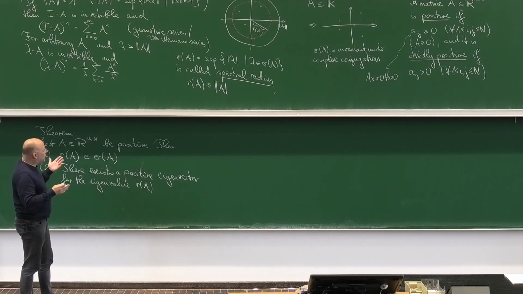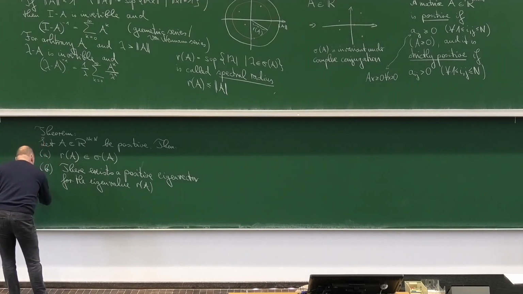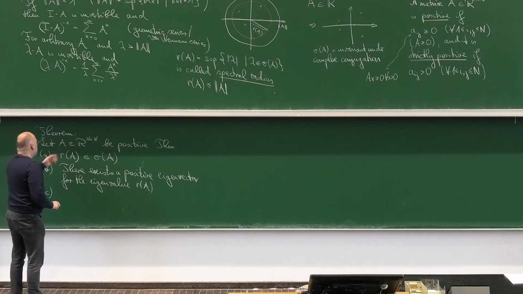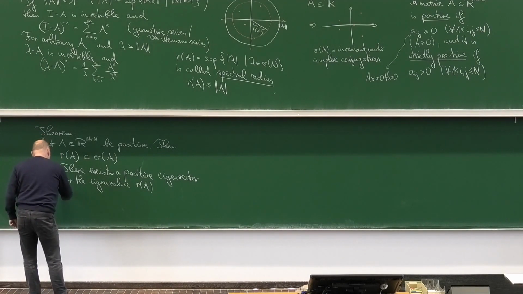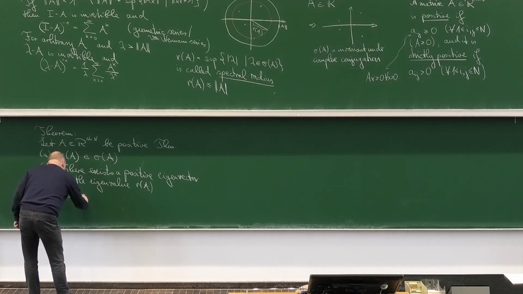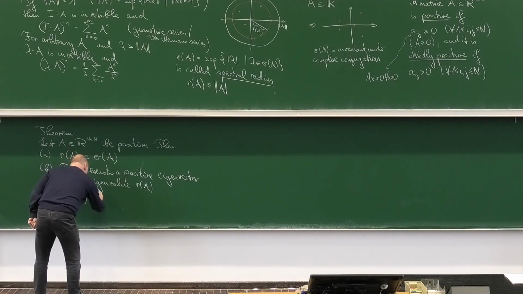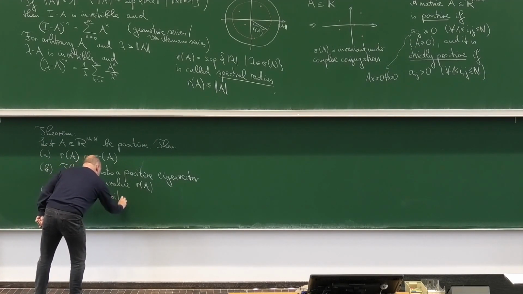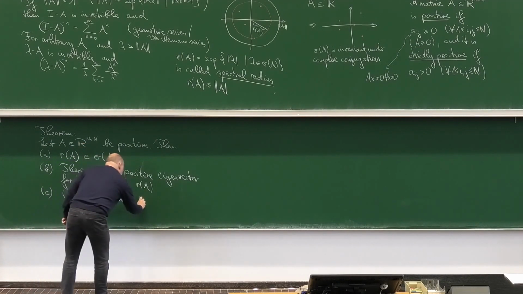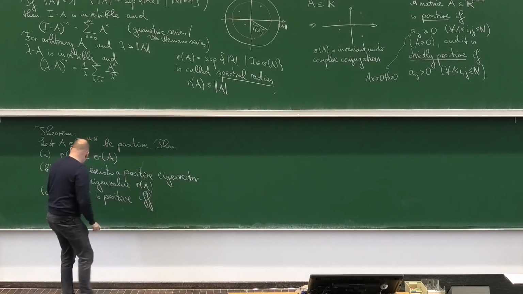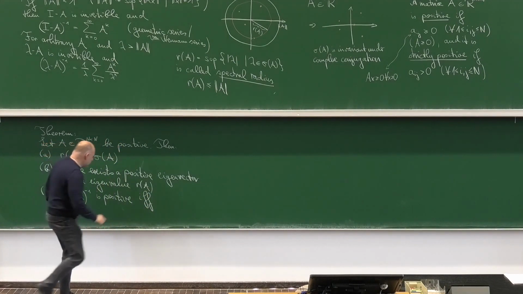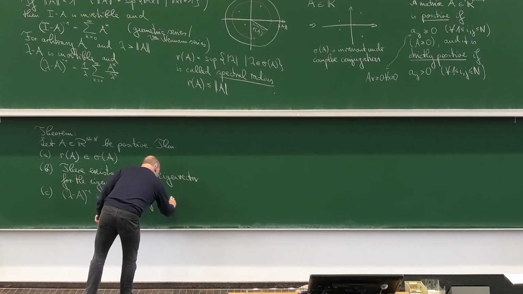That is, some components are strictly positive, some other may be strictly negative. And C, the resolvent of the matrix A is positive if and only if the lambda, which appears here, which might be in general a complex number, is greater than the spectral radius.